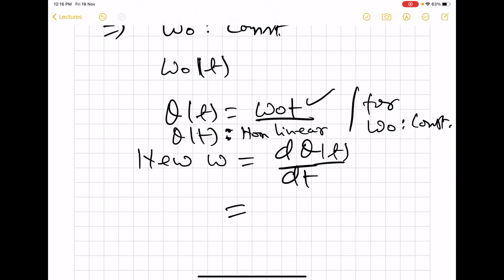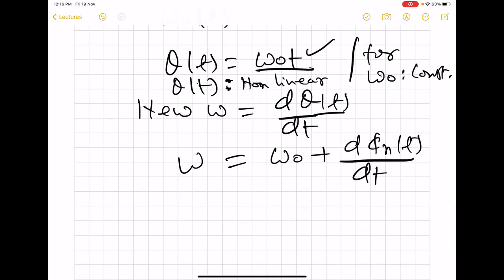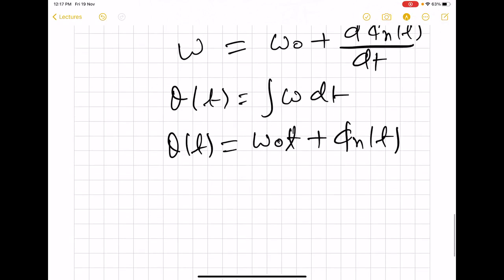This will then give rise to a constant term which was earlier present, and then there will be another term which will be responsible for the change in the phase with time. So here we can then find theta(t) as the integral of this omega, and this will turn out to be omega naught t plus phi(t). Such a type of waveform can then be represented in this form.